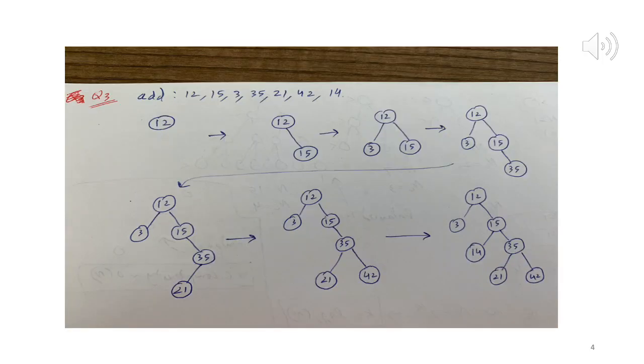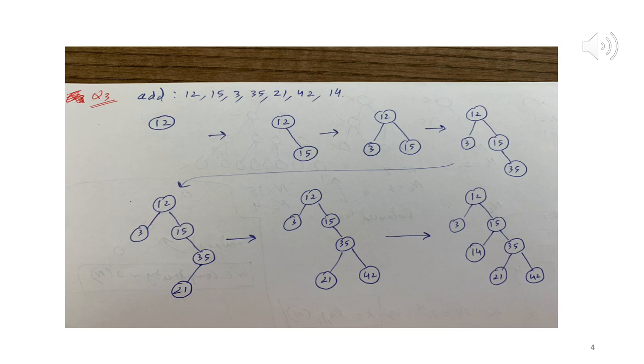Okay, next, now I am on slide 4, solving the next problem, which says draw a binary search tree with nodes added in the following order: 12, then 15, then 3, then 35, then 21, then 42, then 14. So note that the way you order nodes, different trees will be created.